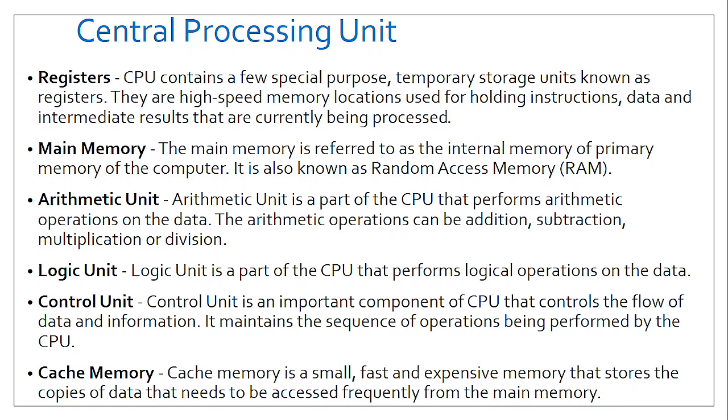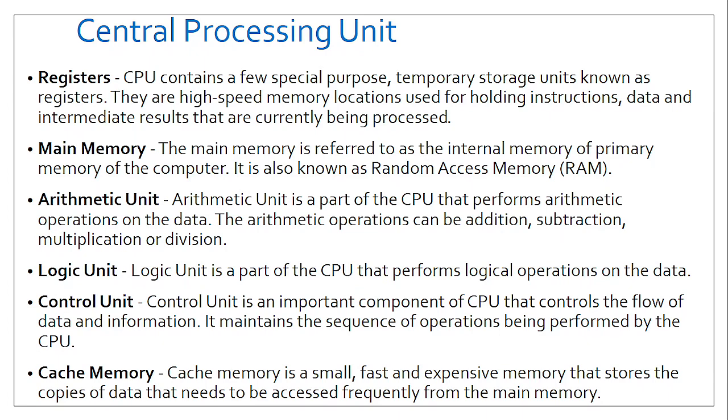A cache memory, as I'd mentioned, is almost similar to the register, right? It is a small, very fast memory that stores frequently accessed information, or other data. Now, what happens is that if the CPU wants to fetch instructions, it first looks at the cache memory before going to the main memory.